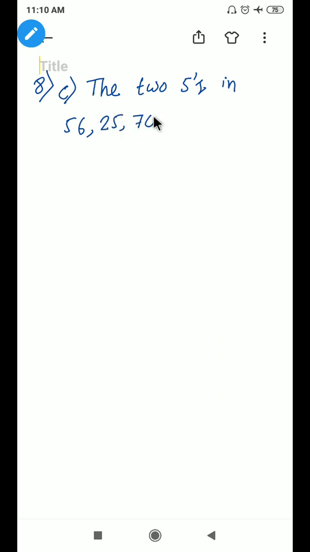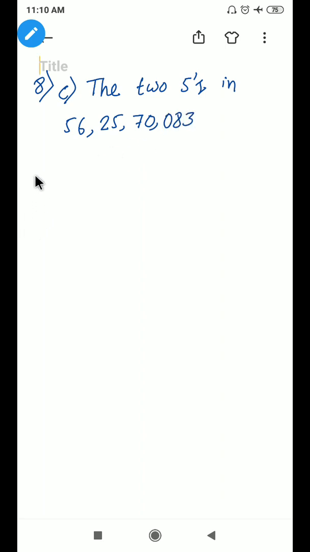In question number 8 is given, find the difference between the place values of the two digits. So look at question number C. Find the difference between the place values of the two 5s in the given number 56 crore 25 lakh 70,083.